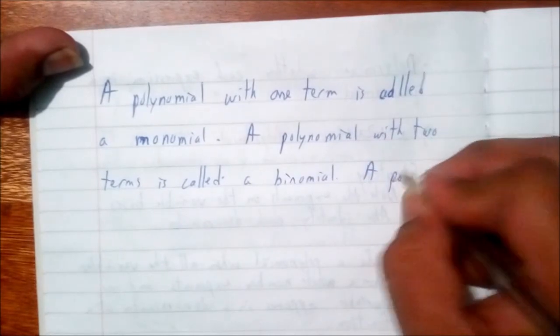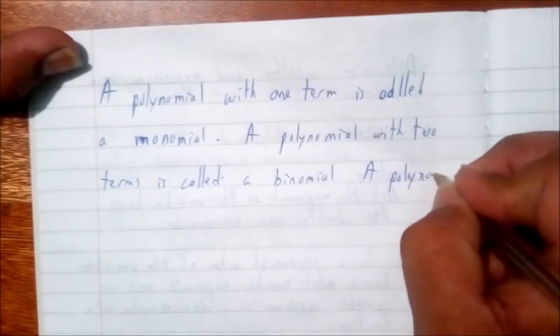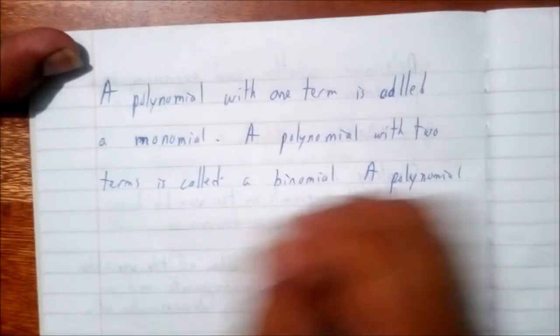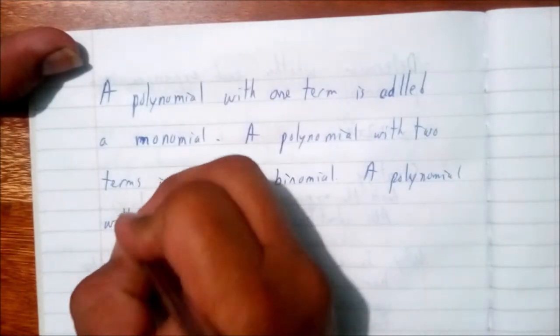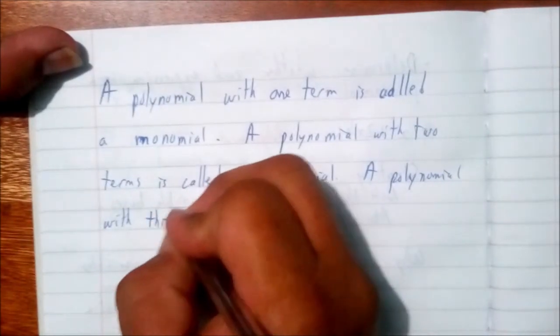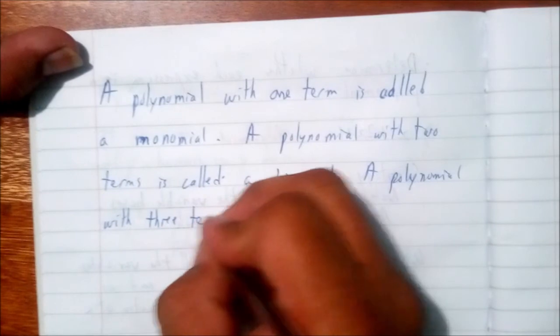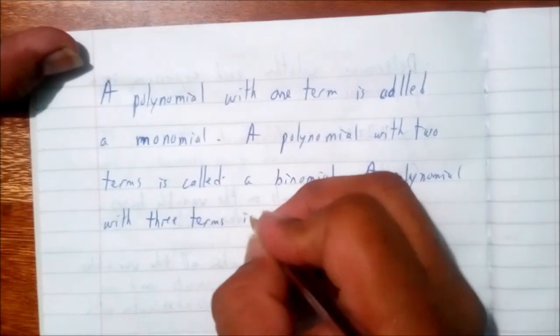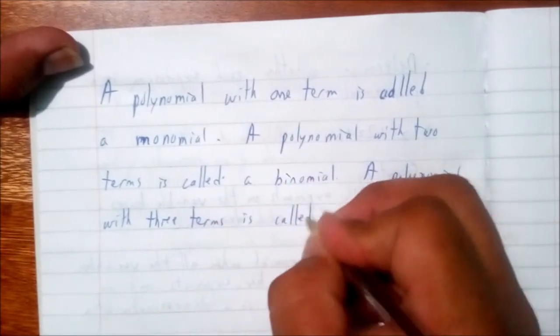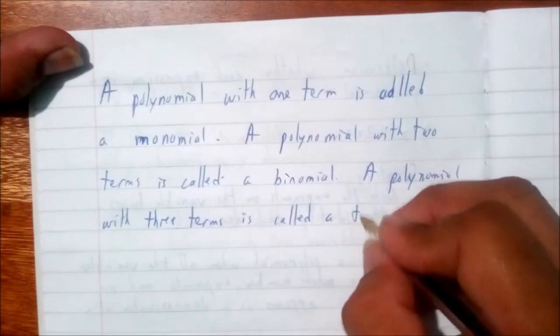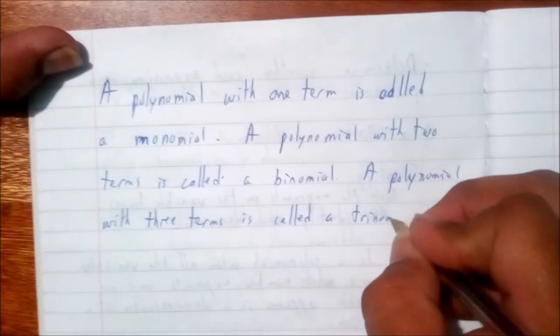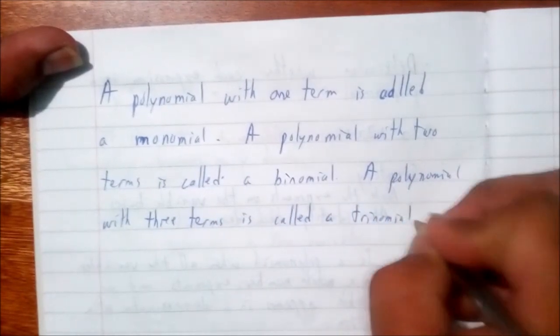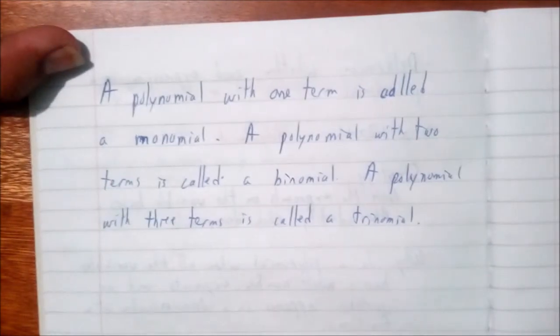A polynomial with three terms is called a trinomial. Notice how they keep increasing.